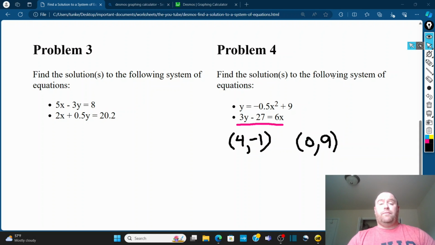Okay, so problem 4, we get the point 4, negative 1, and 0, 9. And those are our 2 solutions, and we are done with our problem set.